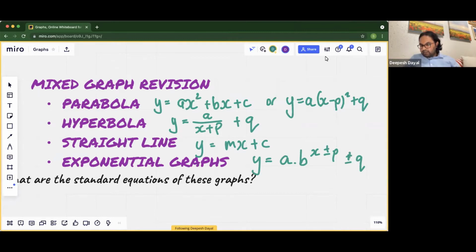The plus or minus p is in the power, right? And there we go. Is that okay, everybody? Okay, so these are the standard equations. I'm going to move the screen up and we're going to look at the question for today. Any questions regarding the standard equations for now?